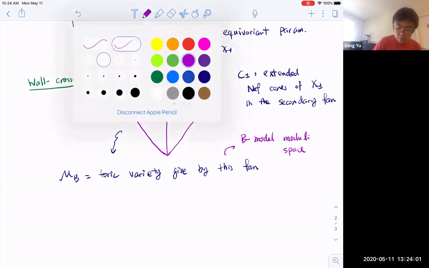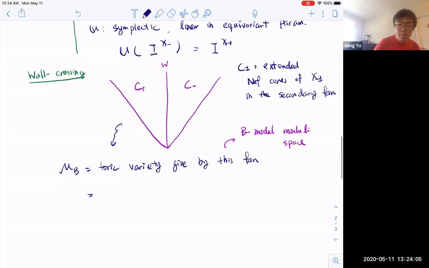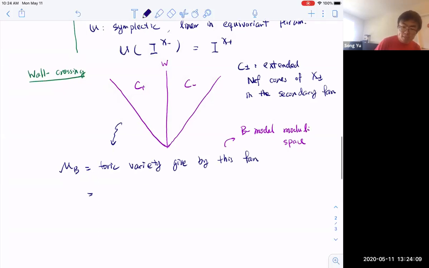And so geometrically, you can tell from this toric data that this space is actually just the total space of some vector bundle over an orbifold P1.